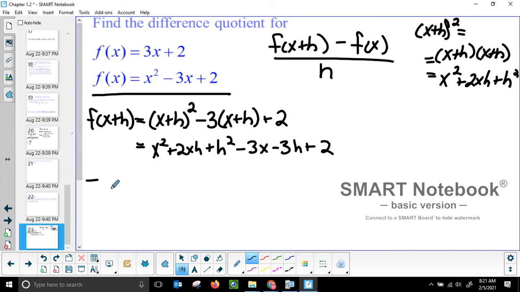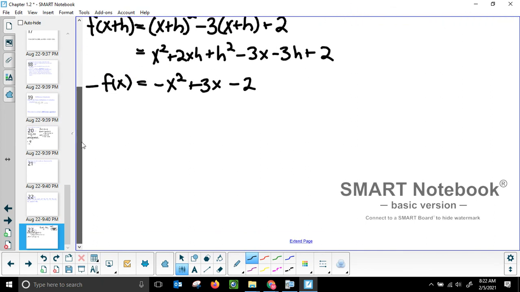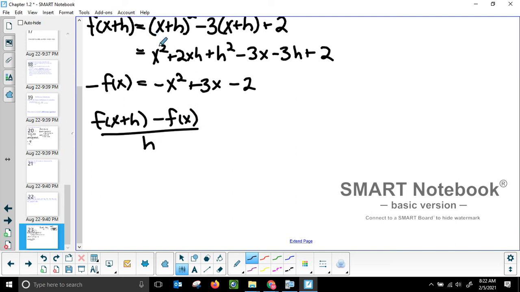And then of course I still need my minus f of x. So I just negate this entire thing, distribute a negative to all of it. So negative x squared plus 3x minus 2. Now when I plug it into my difference quotient, f of x plus h minus f of x all over h, remember, when things are equal to each other, they are interchangeable.